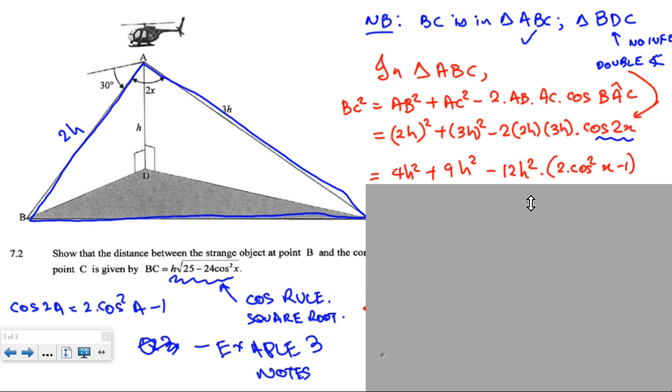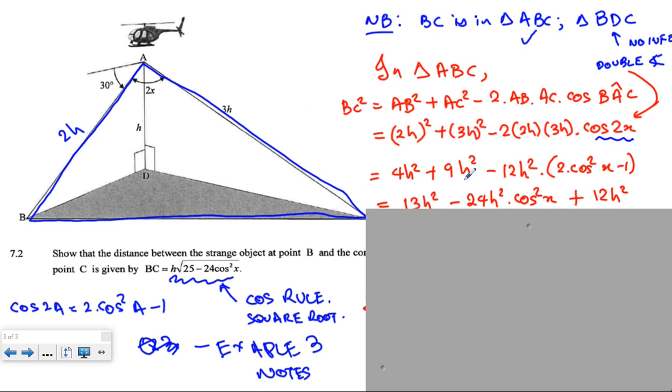Use that formula. For a moment now, you can't simply add and subtract, because this is one term, two terms, and this is three terms. There are no like terms yet. So what you do is you multiply. You can add these two and you'll get 13h squared. Then you multiply this out and get minus 24h squared times cos squared x.